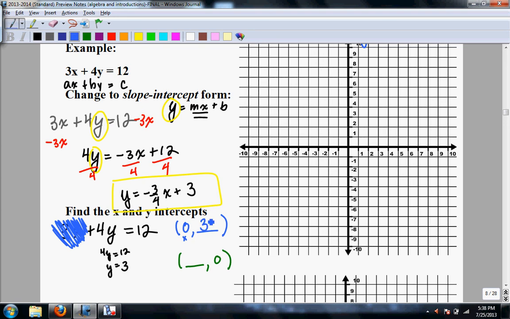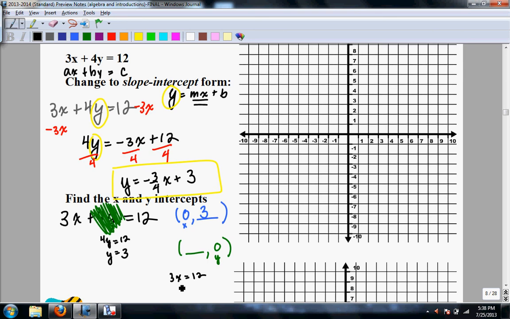So our first intercept is 0, 3. Let's do the other intercept. This is where y is 0, so you come over here, you can cover it with your finger. I'm just going to scratch it out here. That would make that y disappear. So I end up with 3x equals 12. And if you were to divide, that would mean x equals 4.